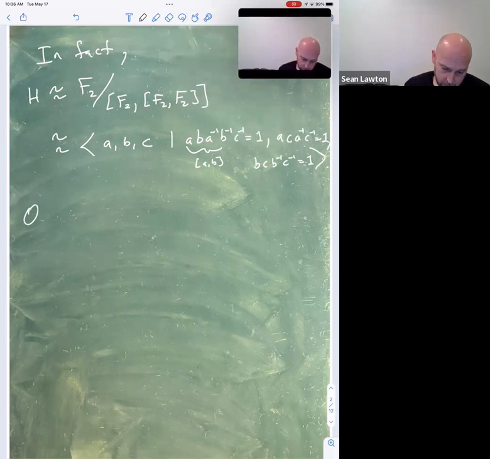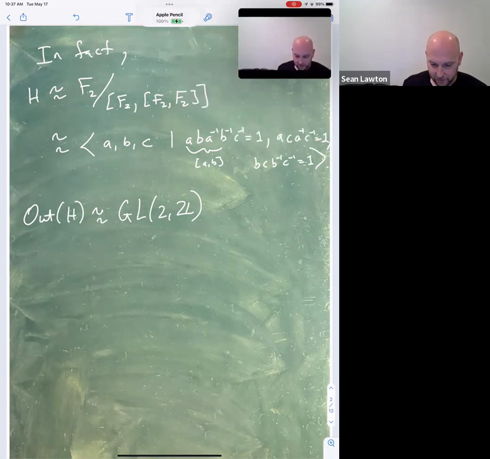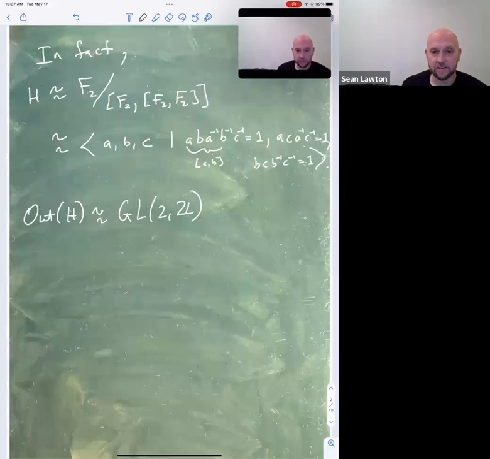Now, the outer automorphisms of H, you can do a calculation, that is going to be isomorphic to GL2Z. I find that people often forget this, but GL2Z doesn't mean 2 by 2 matrices with integer entries that are invertible, it means 2 by 2 matrices with integer entries so that the determinant is a unit in Z. So that means the determinant is plus or minus 1.